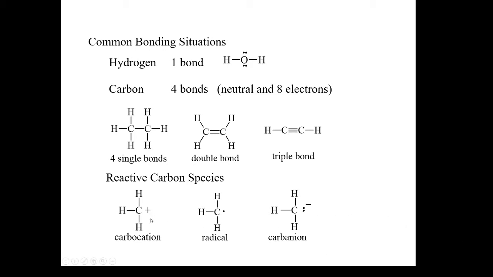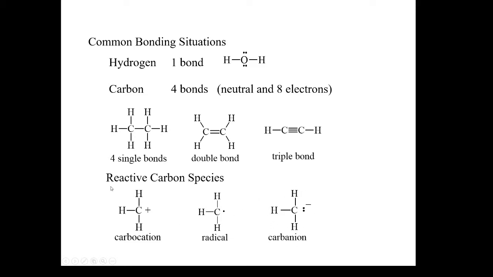If we're talking about stability of our reactive carbon species, the carbanion is the most stable because the octet rule is still in effect. I have 8 electrons around me. Yes, they're not bonding. Yes, I have a charge, so I'm not as stable as, let's say, this carbon up here.